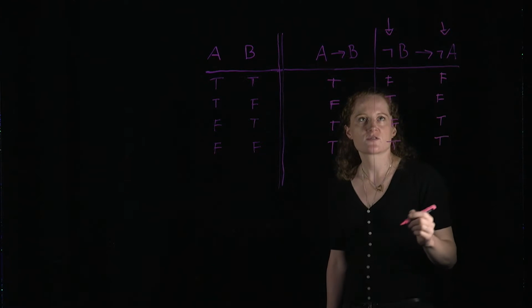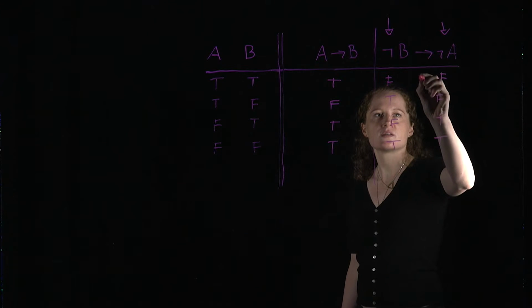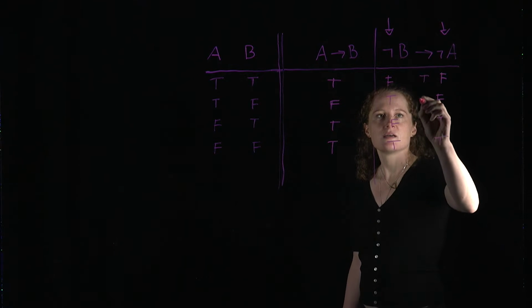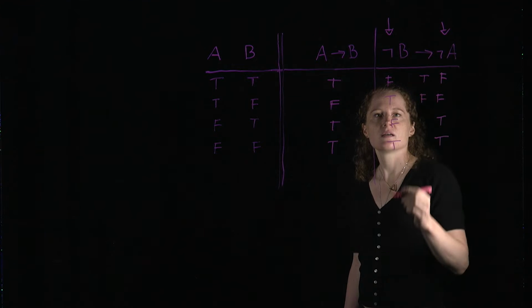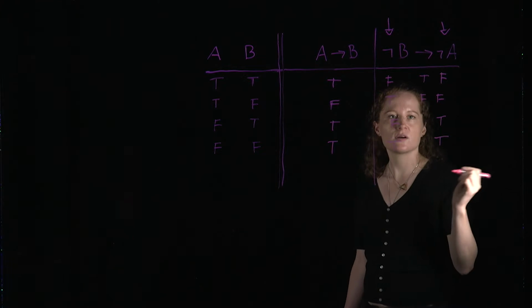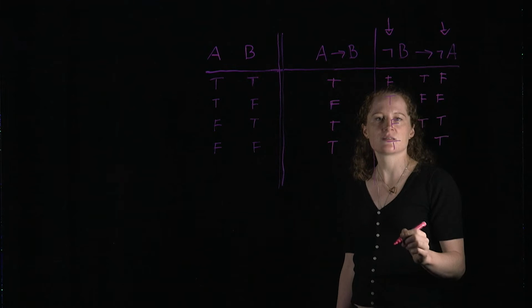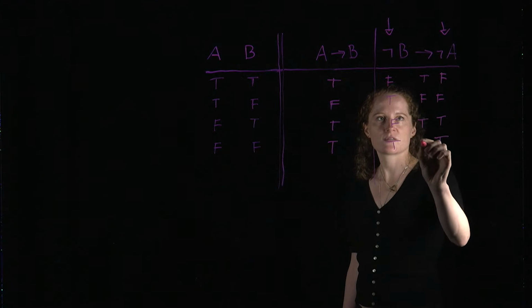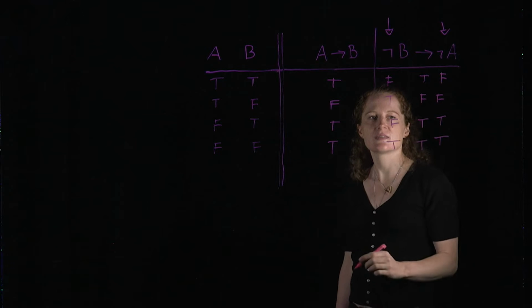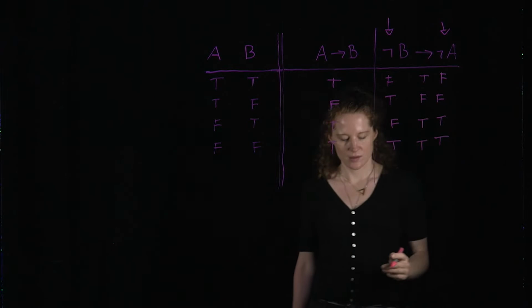In the first row, the conditional is true because the antecedent is false. In the second row, it is false because the antecedent is true and the consequent is false. In the third row, it's true because the antecedent is false. And in the final row, it's true because both antecedent and consequent are true.